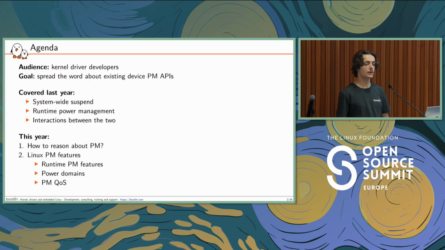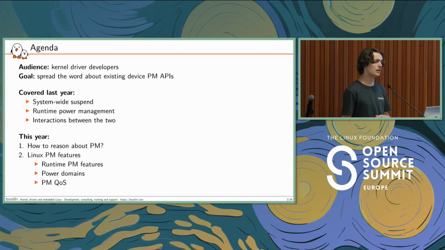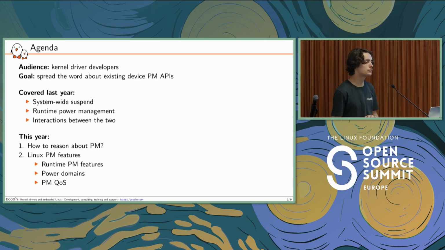So what are we talking about? First of all, before saying what I will be talking about, I wanted to clear up who I want to talk to. So my goal is to have driver developers that work on embedded systems. That's who I aimed this talk at. And I want to mainly cover what APIs exist.